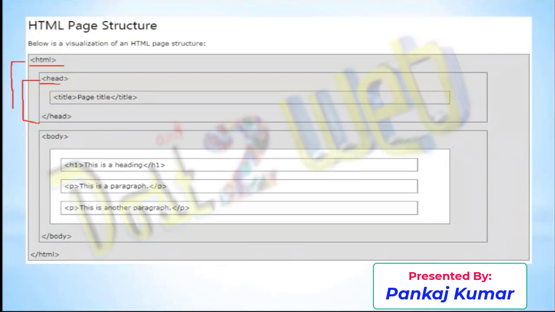That is for using a style sheet, CSS, JavaScript and other validation scripts, whatever you are going to write, and other meta tags will be defined here. That will not appear on the screen. Then you are going to give the title tag.